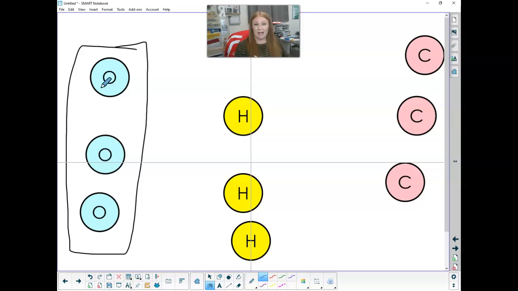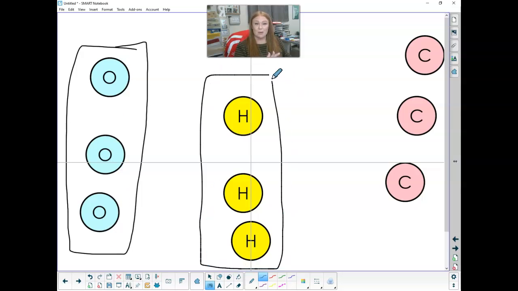This is still an element because it has all the properties of oxygen, but these are also just oxygen because all of them are exactly the same. There's nothing else in them except for oxygen. They're pure. So that's that word pure. It just means there's nothing else in there. It's clean. This is clean and pure hydrogen. And then over here, we just have carbon.